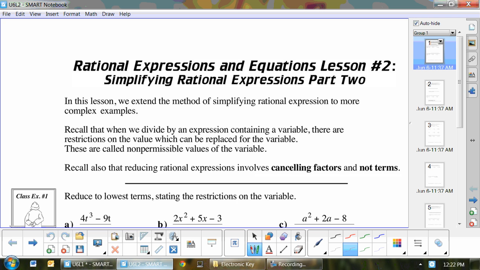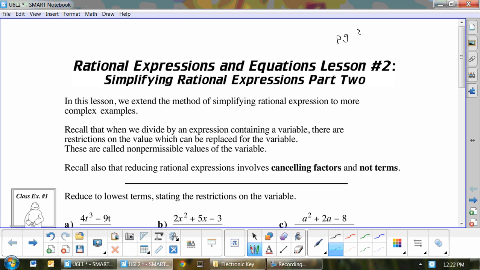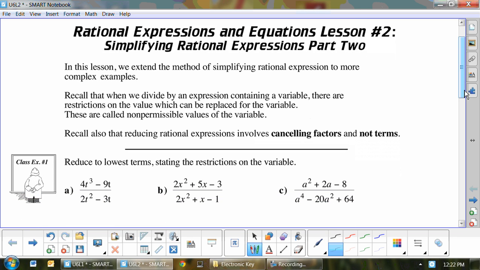We'll let you know at the end of the class. We'll give it all together. Okay, so lesson number 2 starts on page 377. You'll notice that lesson number 2 is called Simplifying Rational Expressions, Part 2.